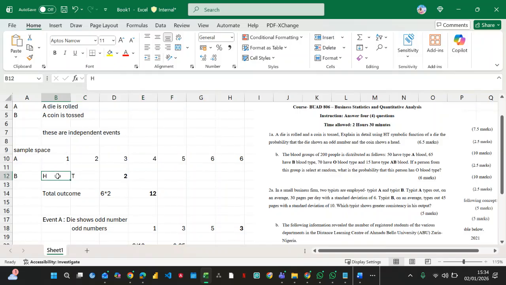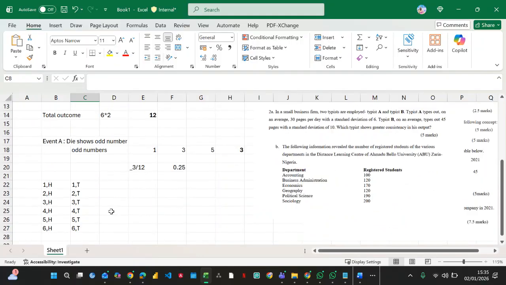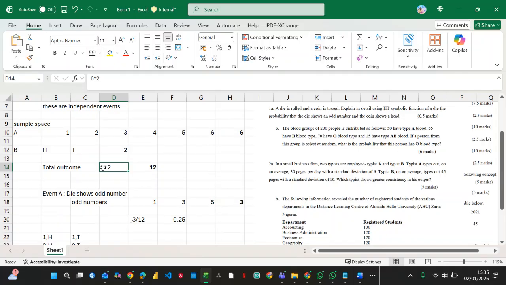When they say and, these events are happening independently at the same time. I have my coin, and I'm going to have only one outcome, a head or a tail. The total outcome of this event is six. This happens six times, and these happen at the same time.